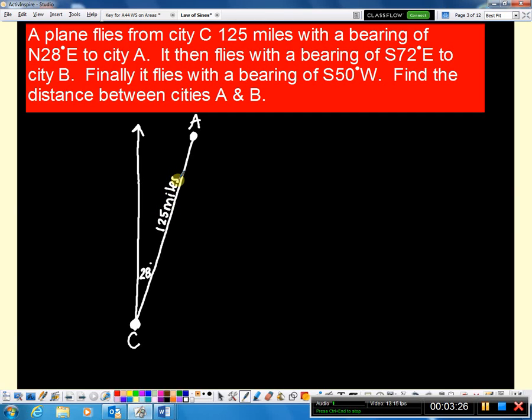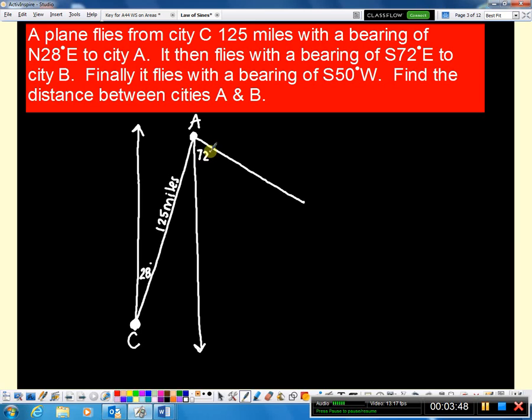Now it flies with a bearing of south 72 degrees east to city B. So it has to fly southward, and with a bearing of 72 degrees east of that, I need to put 72 degrees.